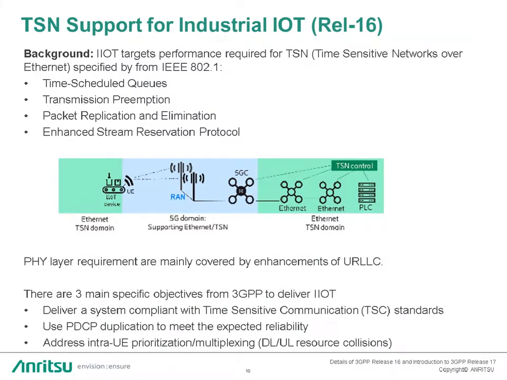And in general, there are 3 main objectives to deliver industrial IoT. One is time-sensitive communication. Then at the higher layer, to increase the reliability by using PDCP duplication, and also addressing the intra-UE prioritization multiplexing.